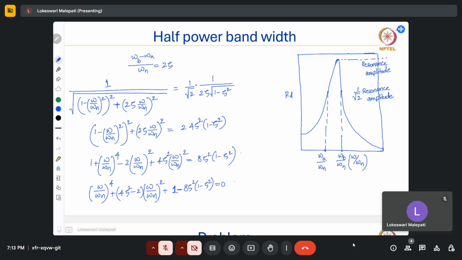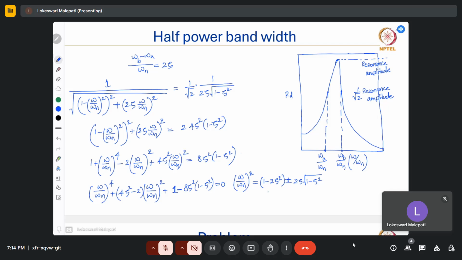So we can find omega by the roots of this equation. Assuming that (omega by omega n) the whole square is x, using the standard formula, we will get zeta square plus or minus 2 zeta times root of 1 minus zeta square. So we have got two roots.